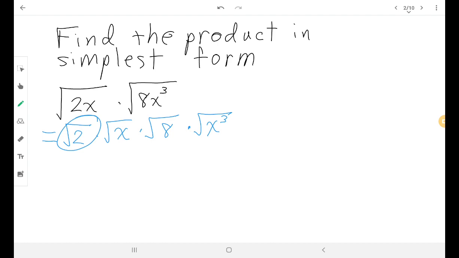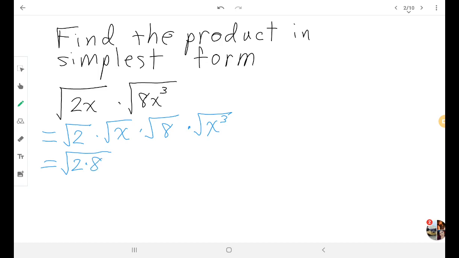And then I'm going to look and notice that I've got square roots of numbers there. And so I'm going to put numbers next to each other and put them back inside one square root. So I'm going to do the square root of 2 times 8 and group them together that way.